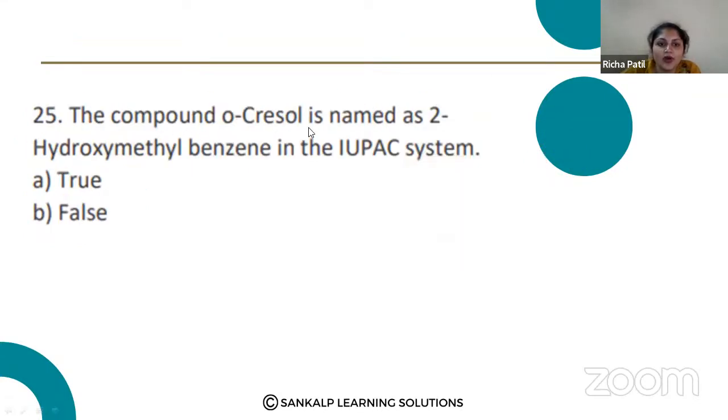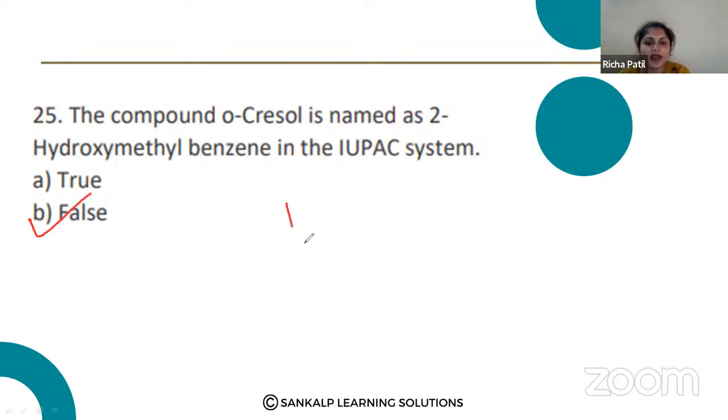The compound orthocresol is named as 2-hydroxymethyl benzene in the IUPAC system. True or false? Yes, it is false.